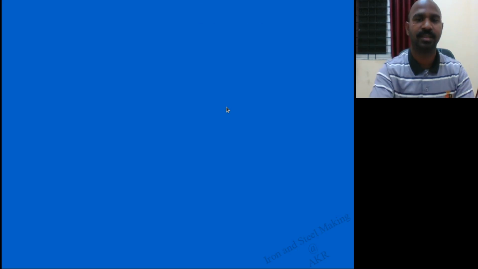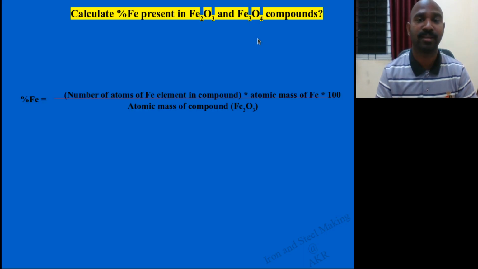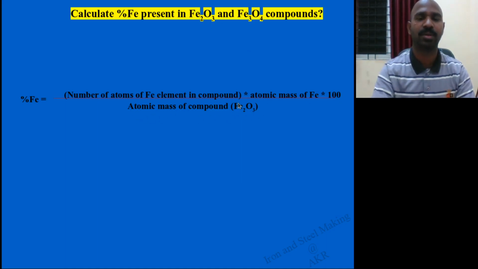And coming to how you calculate the iron percentage in Fe2O3 and Fe3O4 compounds, that is hematite and magnetite. This is the formula you use: number of atoms of iron in the compound, 2 iron atoms or 3 iron atoms, times atomic mass of iron, around 56, into 100, divided by the atomic mass of the compound Fe2O3.